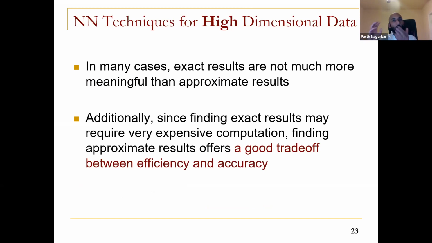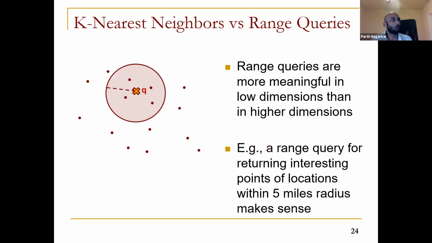So if an approximate technique were to return a point at distance 10,004 as opposed to 10,001, you will probably get similar results.